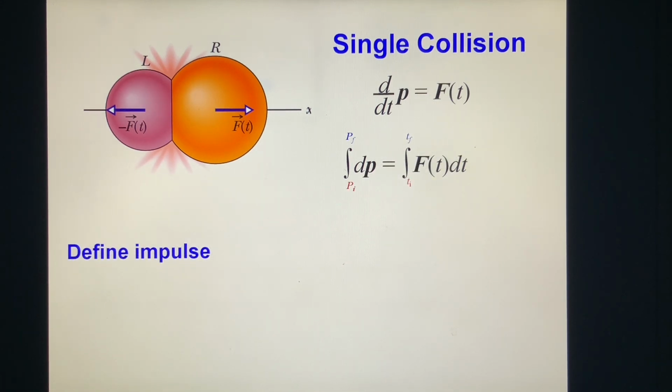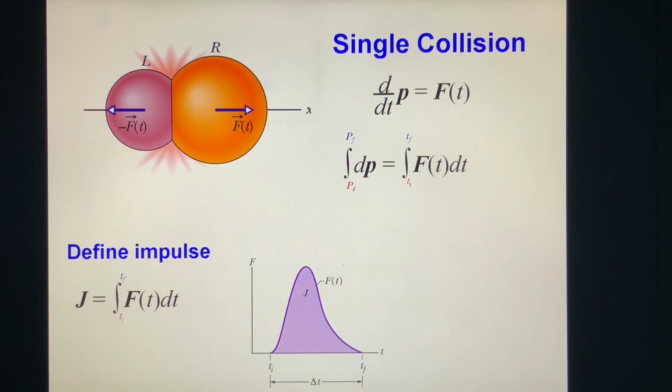The definition of impulse is J equal to the integration of F(t) dt from Ti to T final. We call it an impulse. Mathematically, this is an F curve versus T. So this integration J is the area of this purple area.